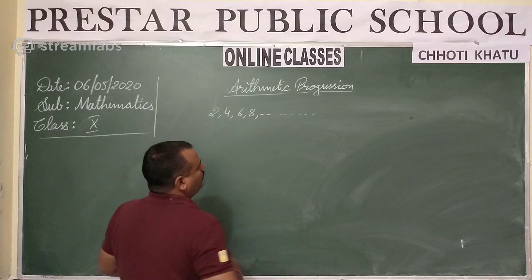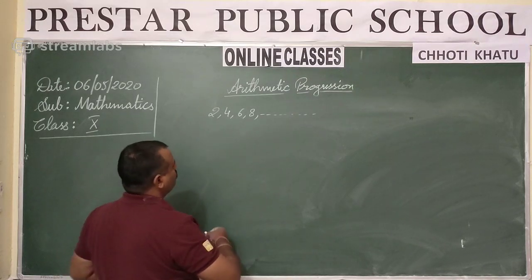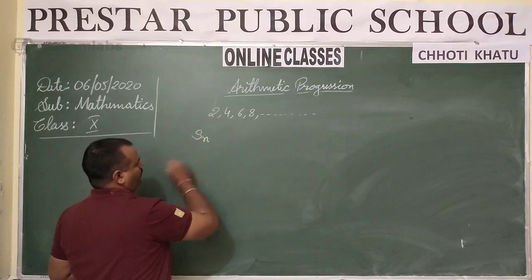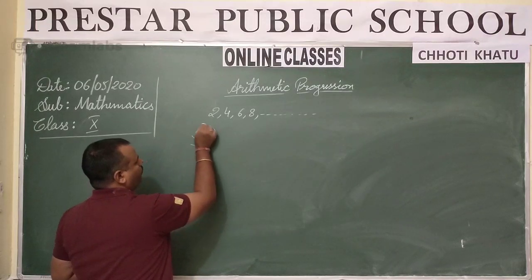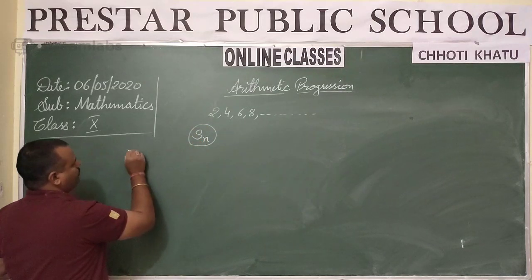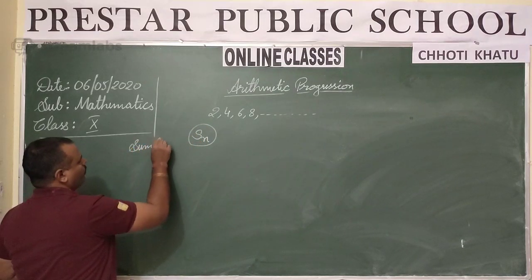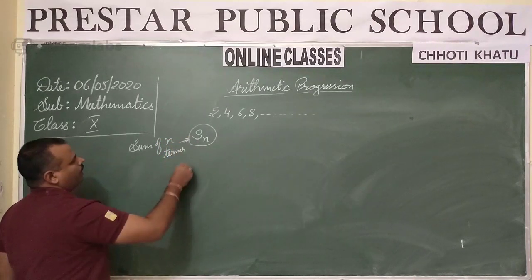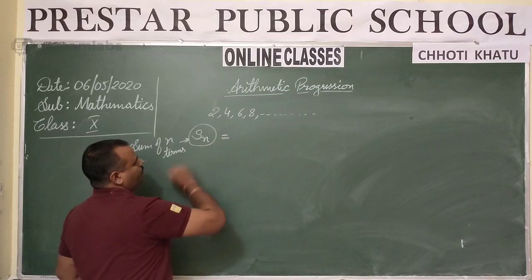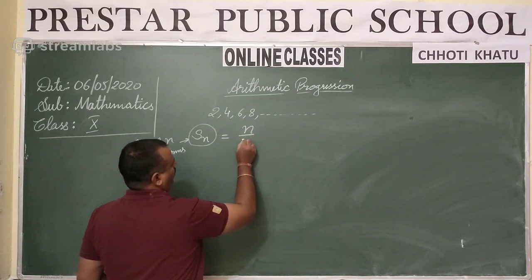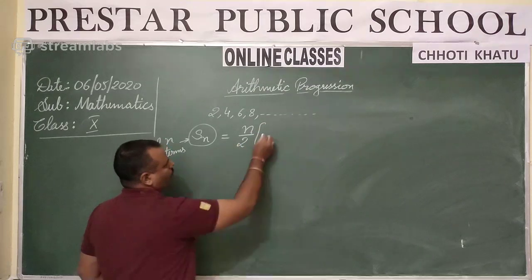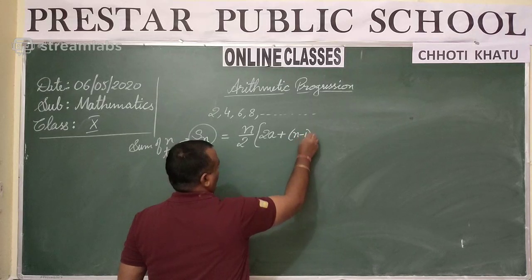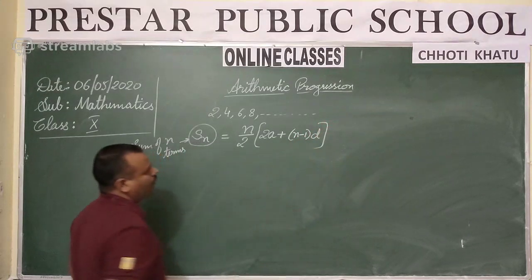In that case, there is a relation to be used for the sum, which says Sn. Sn means the sum of n terms. Now this sum of n terms is given by n upon 2 multiplied by 2a plus n minus 1 into d.